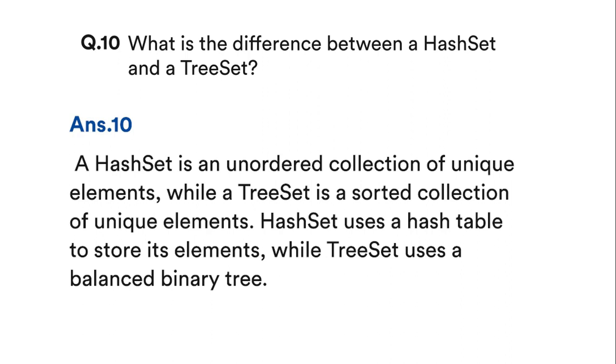So if you want to find out the vowels AEIOU in a sequence of letters, then you can use the hash set because it does not contain duplicate values. You might use a tree set for a sorted collection of unique elements. Tree set uses a balanced binary tree, as you know.